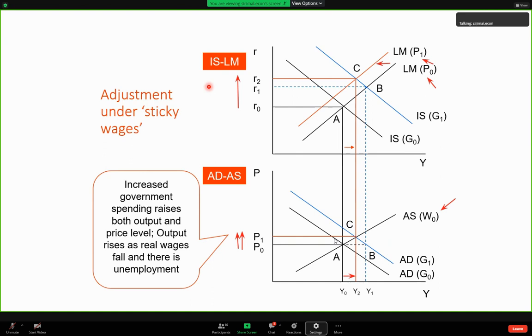So at the prevailing wage rate, the producers can hire more. There is an incentive for that. Real wage rate has gone down. Therefore, an output increase can be made.